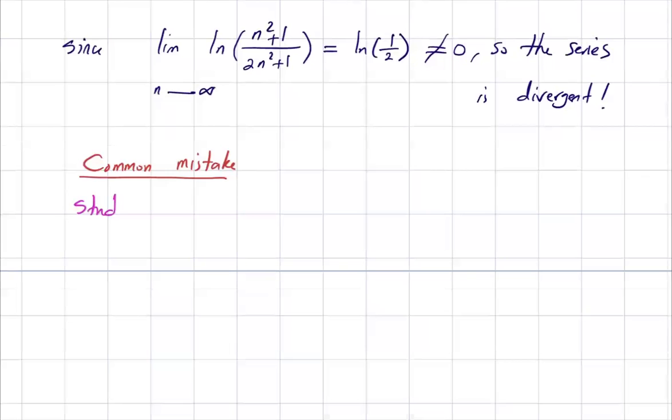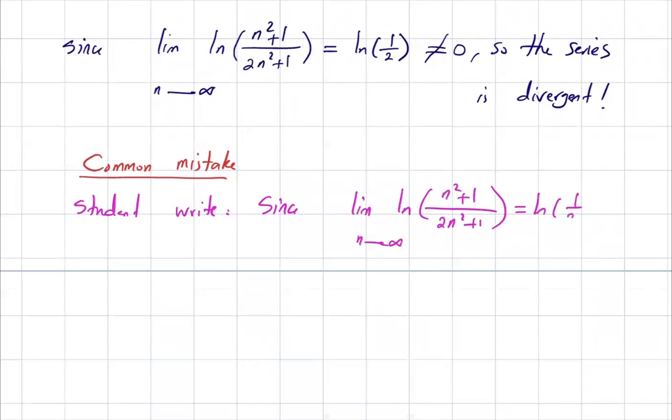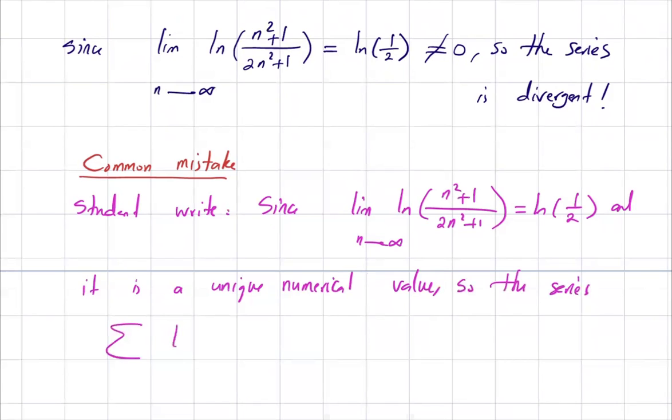Students write, since the limit of ln of n squared plus 1 divided by 2n squared plus 1 as n goes to infinity is equal to ln of a half, and it is a unique numerical value, so the series summation of ln of n squared plus 1 divided by 2n squared plus 1, n starts from 1 goes to infinity, is a convergent series. That's the first common mistake that we see on the exam.